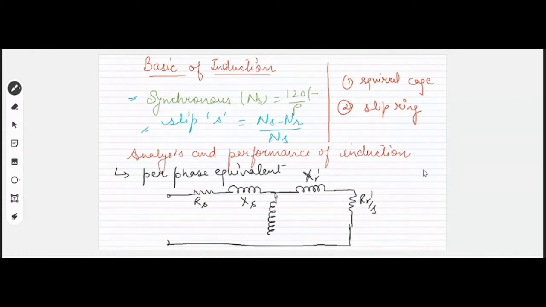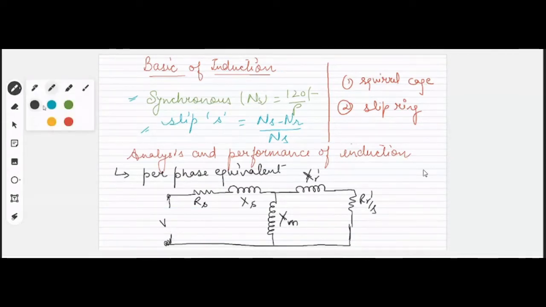As we know, we only physically excite the stator winding in case of polyphase induction motor, whereas the rotor receives the energy from the stator by means of induction. To symbolize that, we have the shunt branch. So this is the per phase equivalent circuit, right?